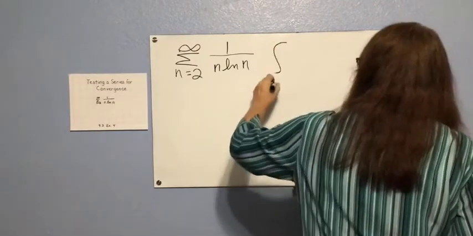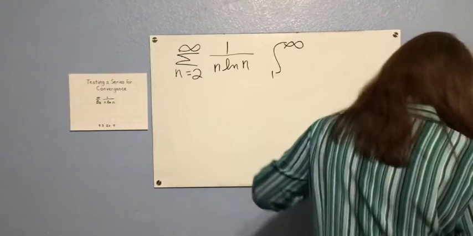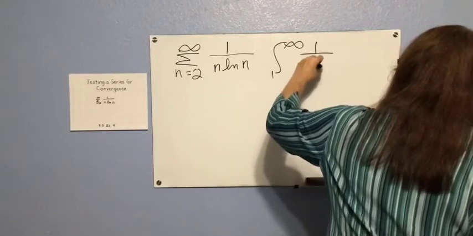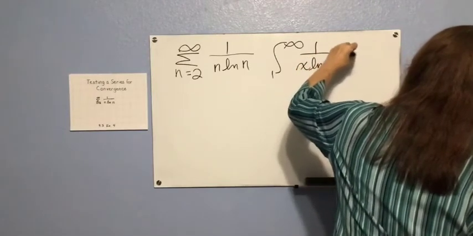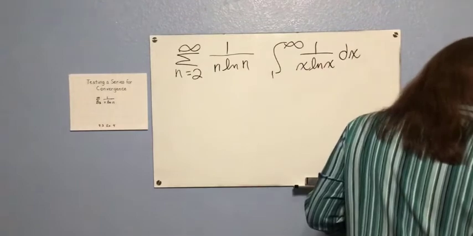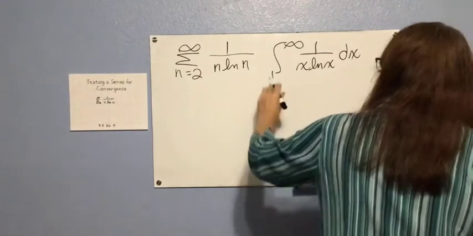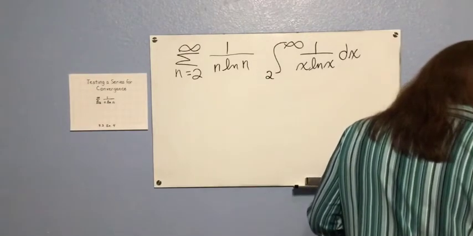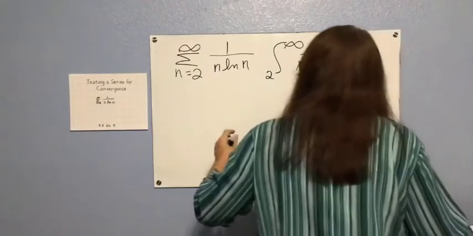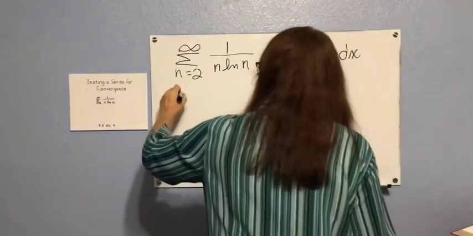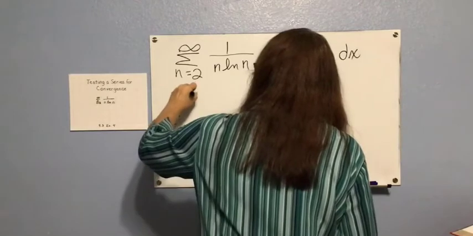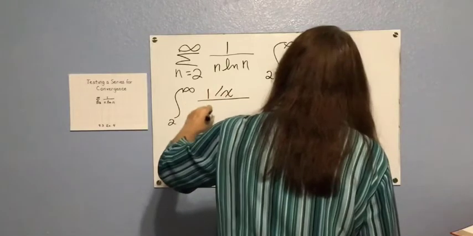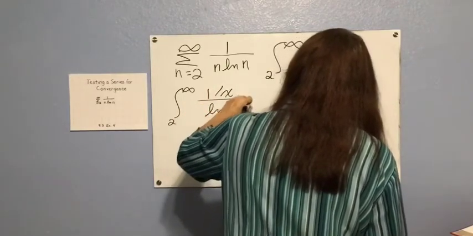So let's integrate. And this goes from 2, not 1. So we're going to move this x up here. So I have 1 over x over natural log x dx.